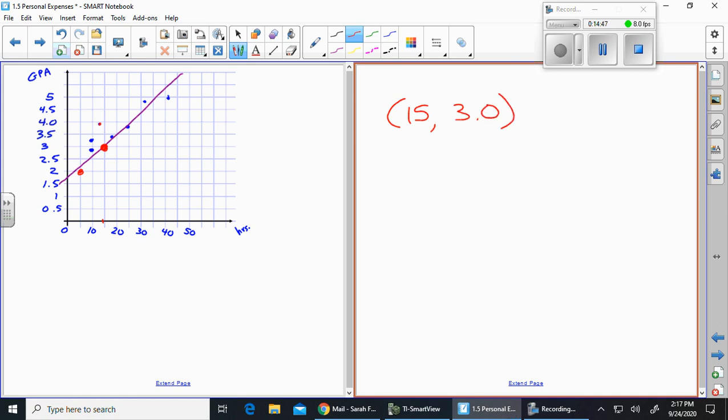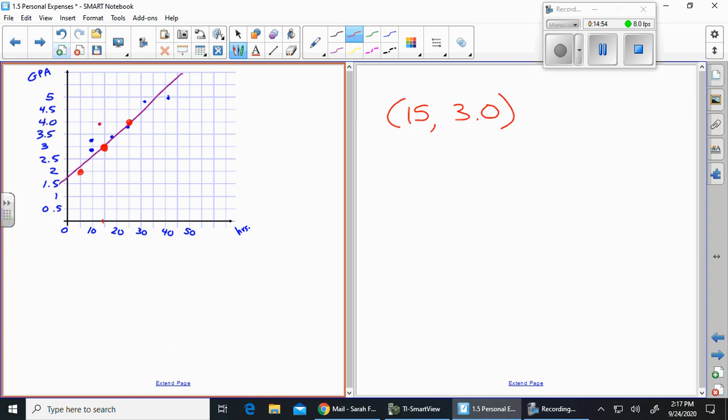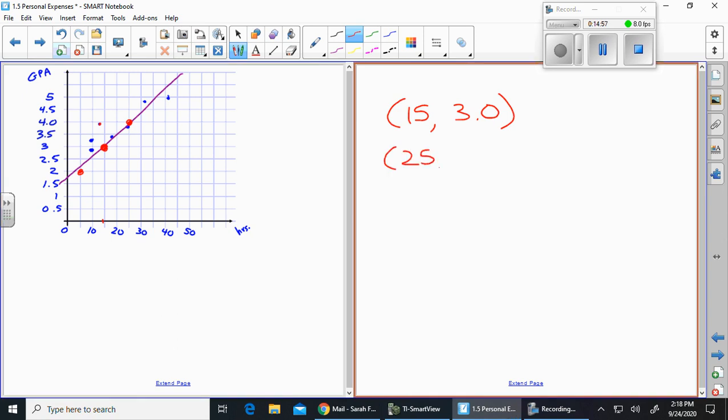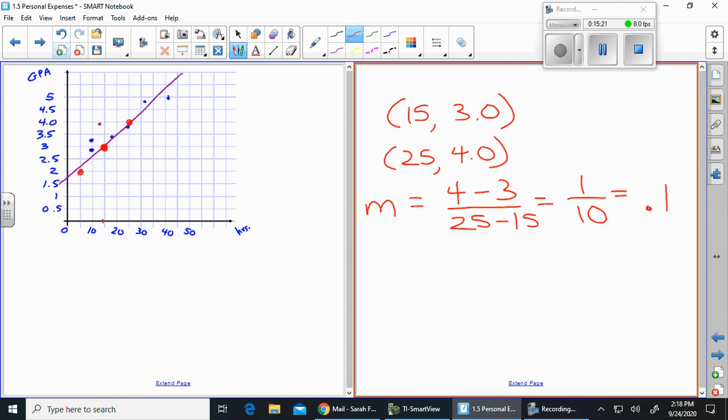And another one that looks like a good one is, at least this is pretty close, 25 hours, I got a 4.0. So I did my x, y, x, y. I'm going to find my slope. Y minus y over x minus x. So I get 1 over 10. Make it a decimal, 0.1.